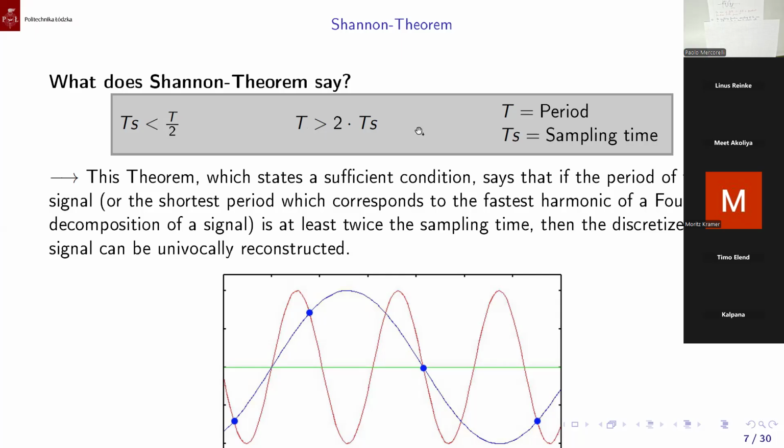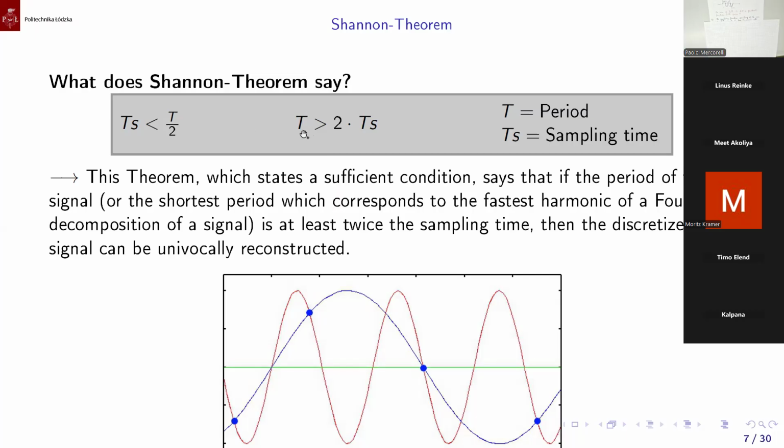Now, in our case, we have not only one T, we have a T and T divided 2. This means typically we consider the more conservative condition.